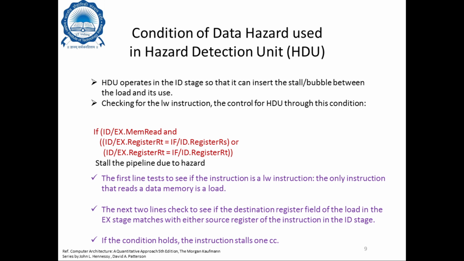So if the destination register is being used as the source register of the instruction in the ID stage, which is either register RS or RT, then we need to stall the pipeline due to the hazard. Therefore, if the condition holds, the instruction stalls one clock cycle.